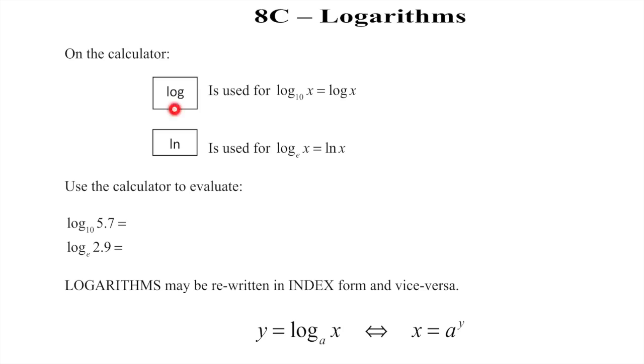Now the log button really means log to base 10 of a number. We only write it as log x, but it's assumed that you understand a 10 is there. It's a little bit like when I write the square root of 25: it's assumed that you understand that there is a little 2 there. If I write x, it's assumed you know it's x to the power of 1.